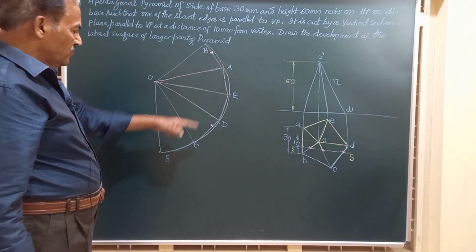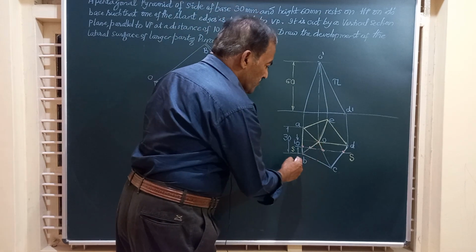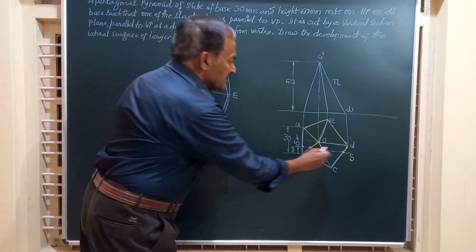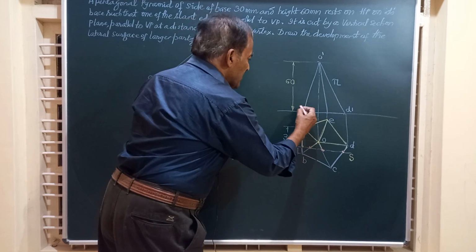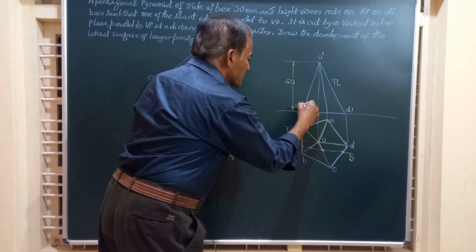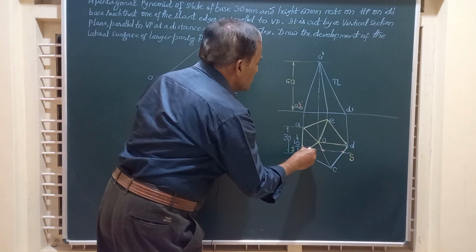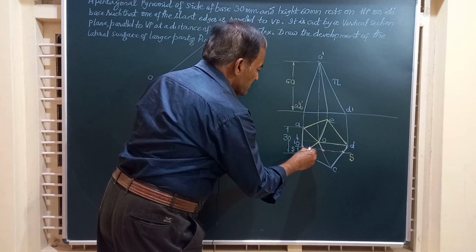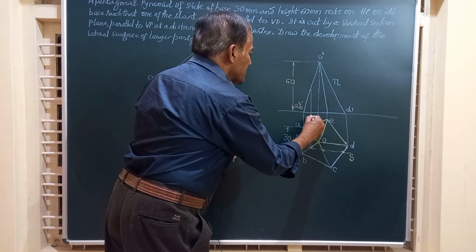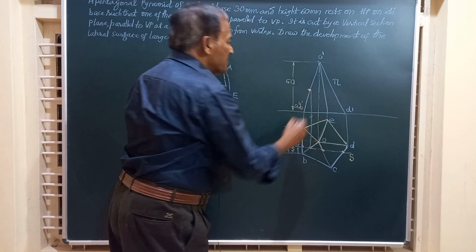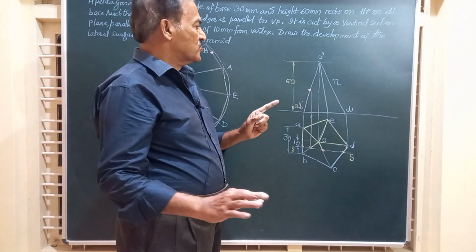So friends, we have marked 2 points on the base, and on this slant edge OB, you can observe here, the section plane is cutting here. This OB is shown by O dash, A dash, B dash. You project this line from there to O dash, B dash. So we are going to get a point here. But remember, O dash, A dash or O dash, B dash are not the true length.